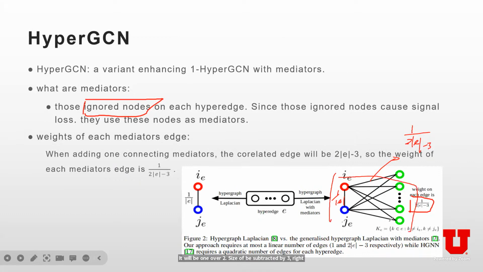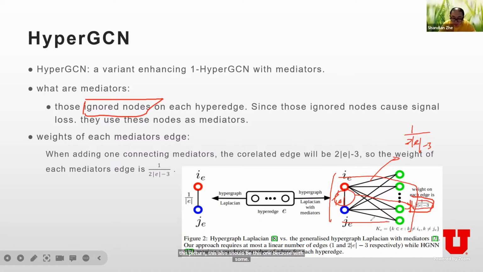No, in this picture, this also should be this one because the weight on each edge is this. Yeah, also they use the same edge weight. Yes, because if we have 3 nodes here, 2 vertices and 1 mediator, and we have 3 edges, 1, 2, and 3.